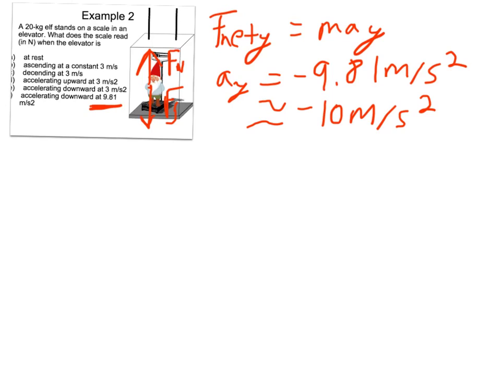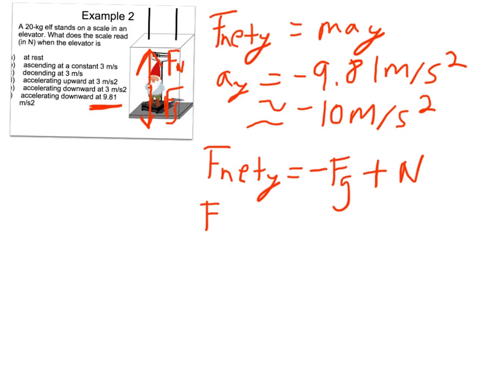Okay, here we go. His forces in y are weight pulling him down, normal force pushing him up. We can find his weight, which we've done several times, so that Fg becomes negative 200 newtons plus a normal force.